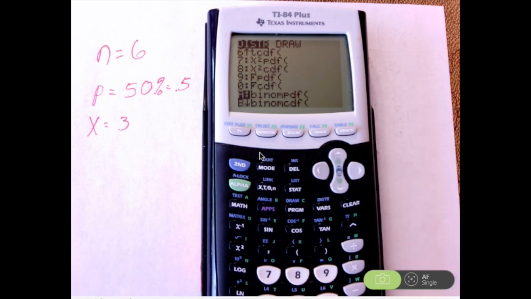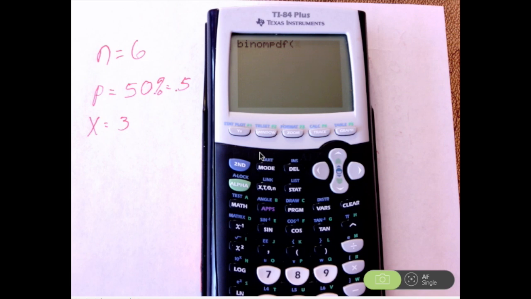Now notice you have 2 that are binomial. The first one is PDF, the second one is CDF. The PDF is what we use when we want to find a single point of probability. So in this case that's what we're going to use because we want to know exactly the probability for 3 heads.